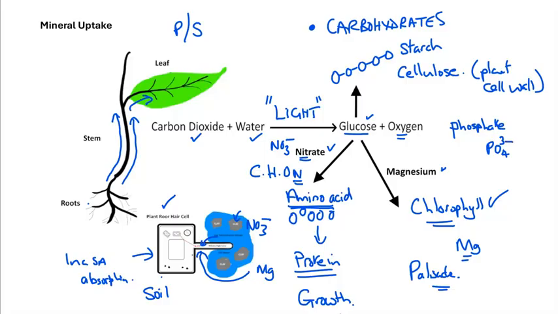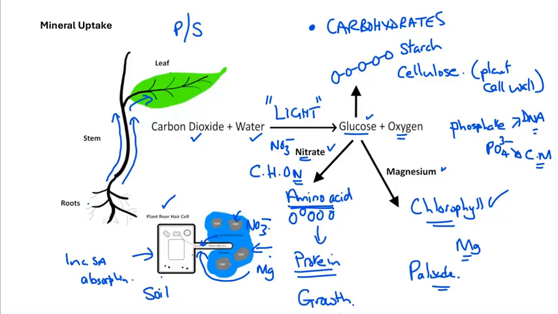Now I mention this because the phosphate, like the nitrate and the magnesium, is taken up by the root hair cells, transported by the stem, and then up to the leaf. And the kind of things that phosphate is involved in is the synthesis of DNA, and it's also an important aspect of cell membranes. Very important mineral.